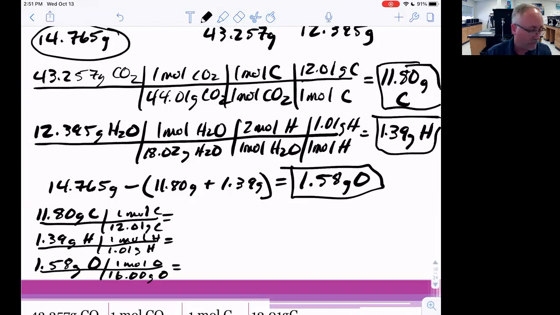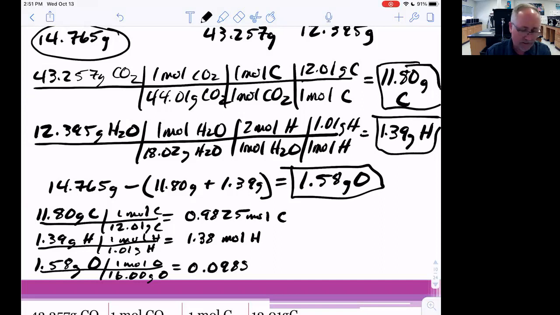What I end up getting for my carbon is 0.9825 moles. For my hydrogen, I get 1.38 moles. And for my oxygen, I get 0.0988 moles of oxygen. So I'm going to divide by the 0.0988 on all of these.